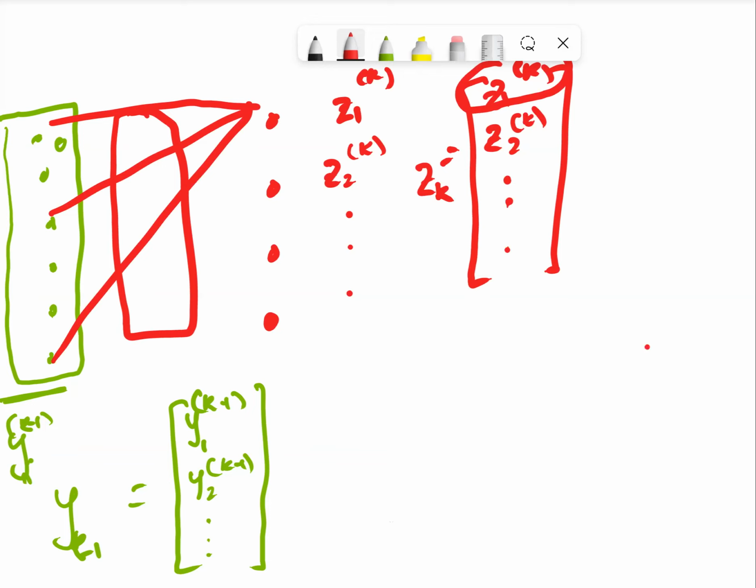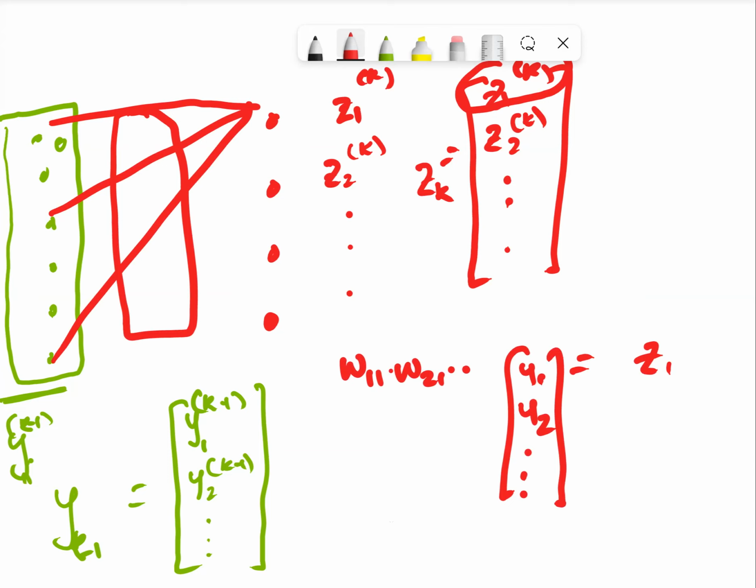So we can say z_1, skipping the superscript for now, is going to be w_11, w_21, and so on, times y_1, y_2, and so on, plus of course a b_1 here.